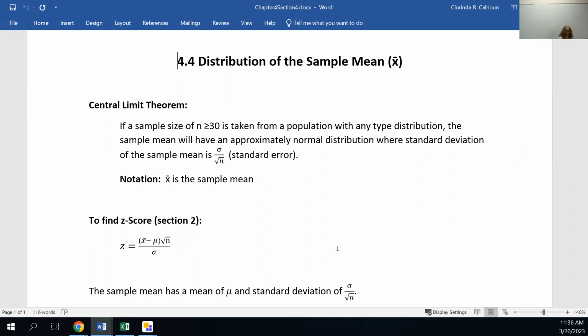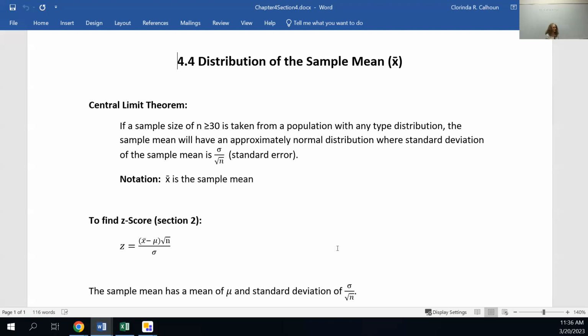Like when we had this to begin with, the very first section of chapter 4, we had a standard deviation and a standard deviation with an S, which turned out to be a z-score. So it always sounded like we had two different standard deviations to figure out which one was which. Well, this is the sample mean.